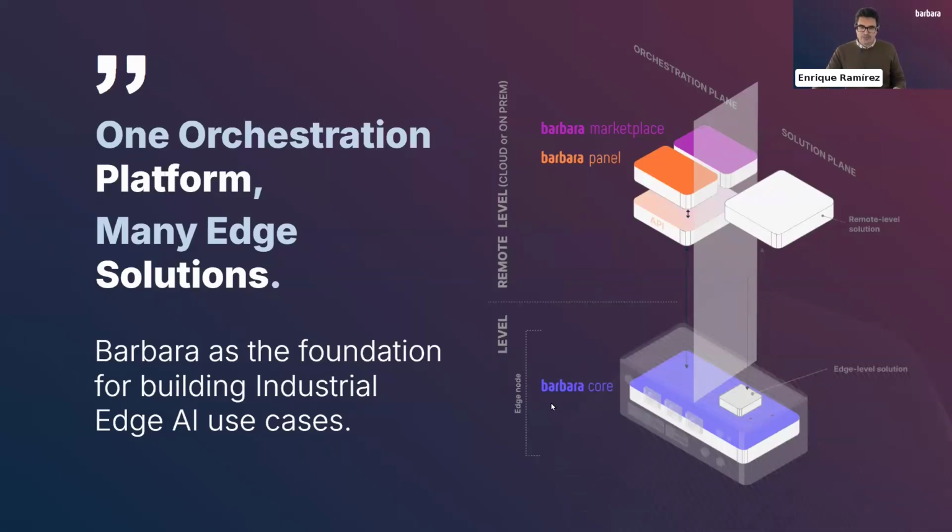Once you have Barbara Core installed in your device, it is automatically compliant with the IEC 62443 specification for cybersecurity in industrial environments. That is very important because it saves you a lot of time. You don't have to worry about that. You don't have to install the OS and then protect everything and configure the firewall, and everything is done for you.